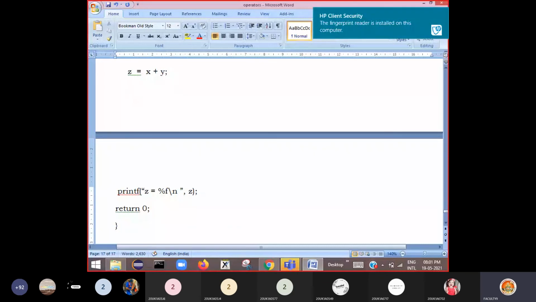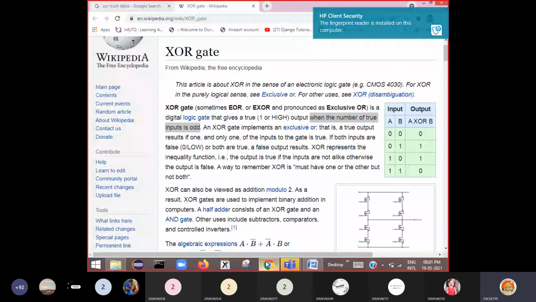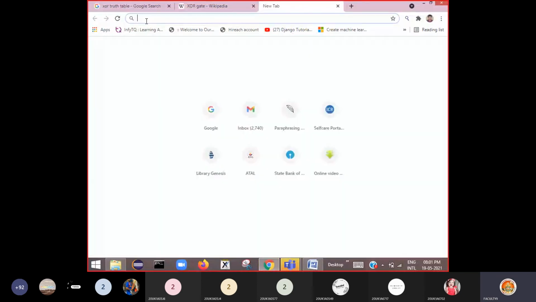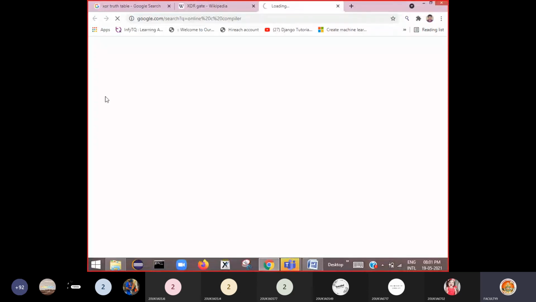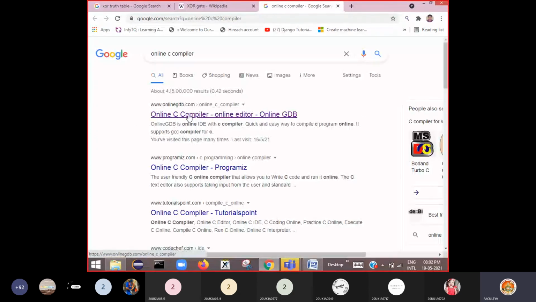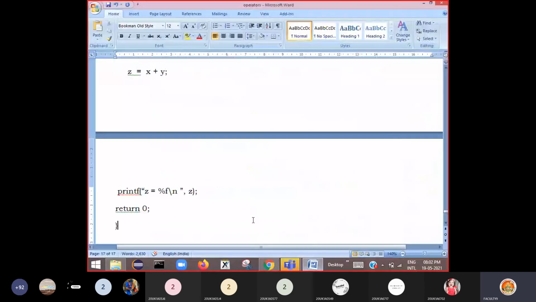Right. So I'll open an online compiler. There, after showing the output, I'll discuss that output. So, online C compiler. Let me copy this code.